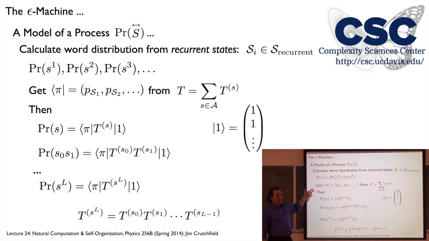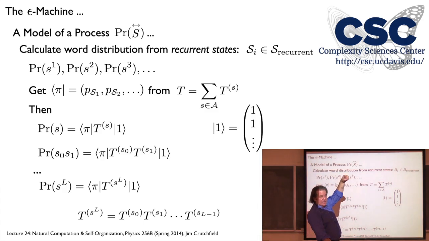So this alternative approach to calculating the word distribution from a machine is to assume I start in any of the recurrent causal states with the given asymptotic state probability, and then I'm seeing the given word I'm interested in from that state. Of course, there might be some forbidden transition, so a given word doesn't necessarily follow from every state, so you just keep track of that.